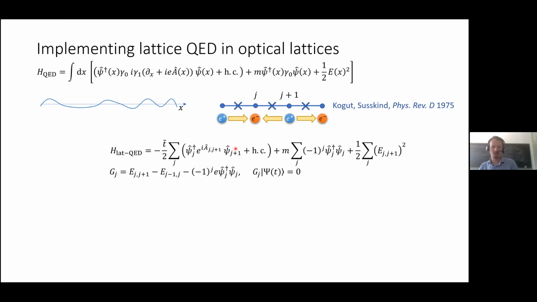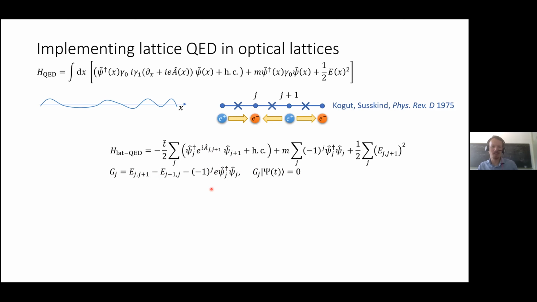Okay, so this is our discretized Hamiltonian that we want, and then we have in addition a discretized electric field, which enters Gauss's law. Yeah? Okay, so the divergence just becomes a difference, and we have a discretized charge density, and this should still be a conserved quantity. Okay, so now the question is how to implement this. Well, the fermions we can probably do by just putting fermionic atoms in there.